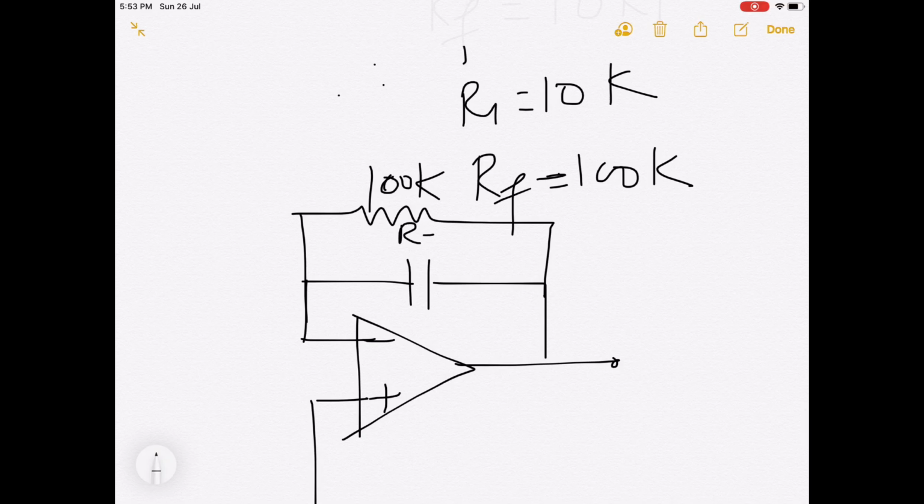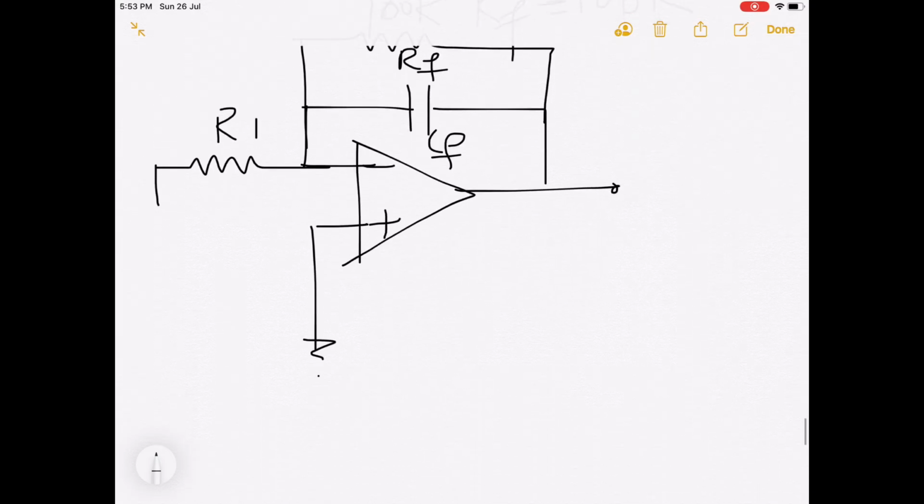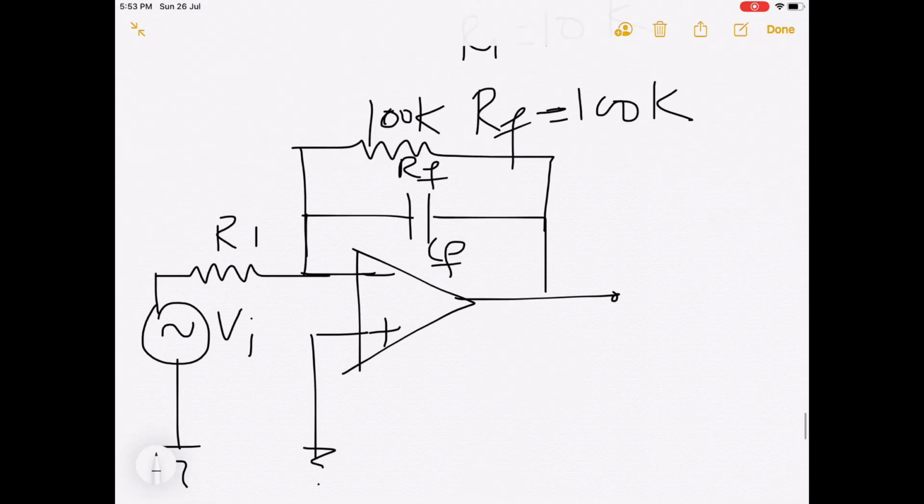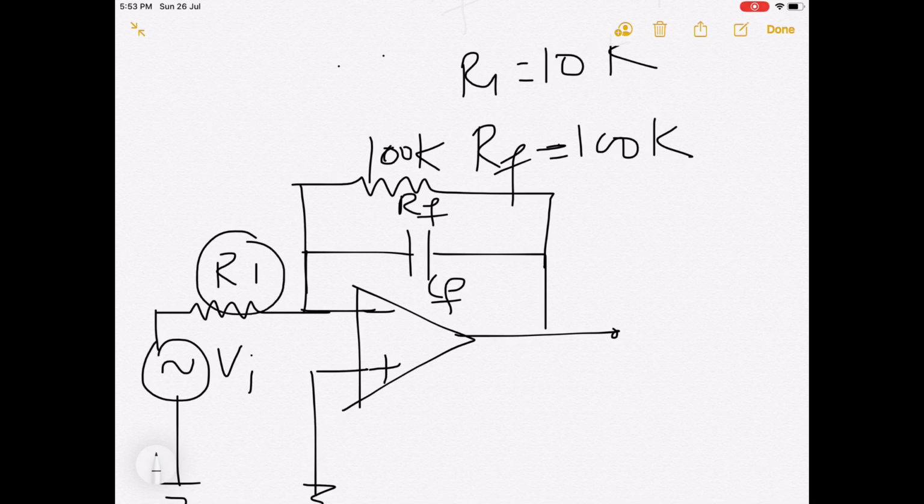This is RF, this is CF, okay, and here we have connected one resistor, that is R1. Then here we have connected the input of 20 kilohertz. So, this is Vi.